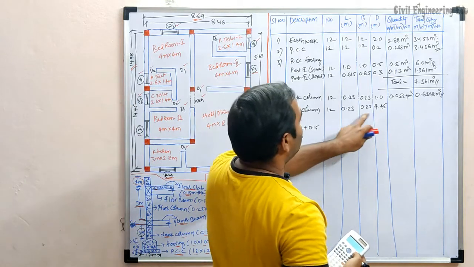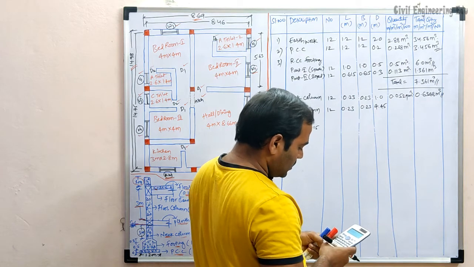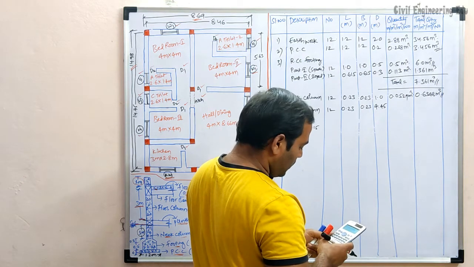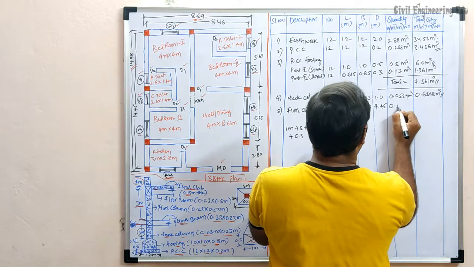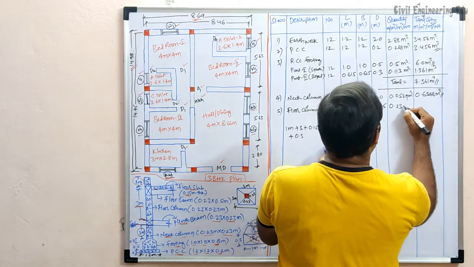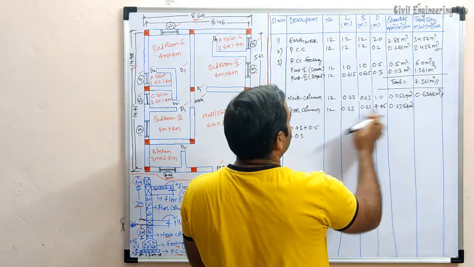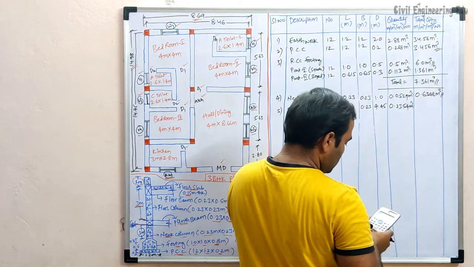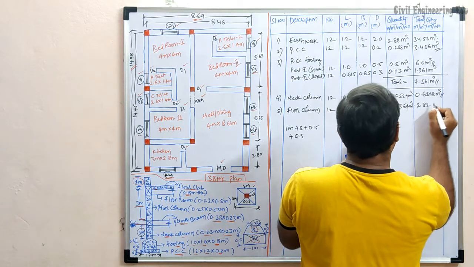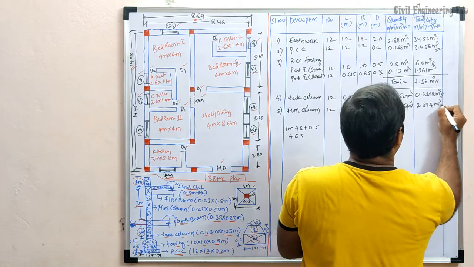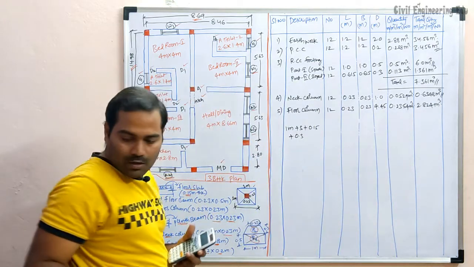Now if we multiply these three, 0.23 into 0.23 into 4.45, I got the quantity as 0.2354 meter cube. We have to multiply this with total 12 numbers, which gives 2.824 meter cube. So this is the quantity of floor column.